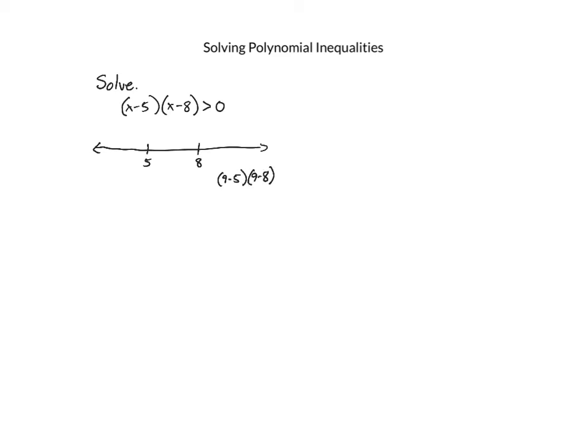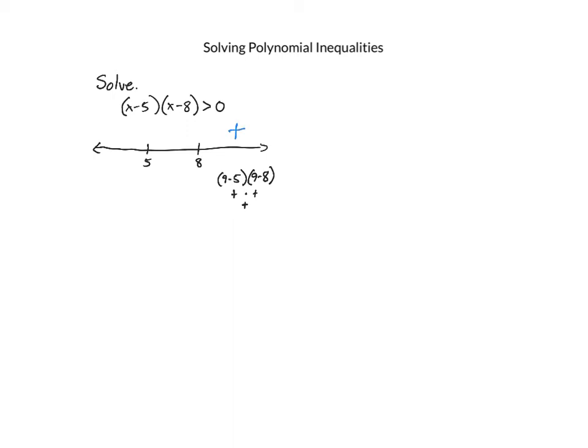And I don't really even care what the value is. I see that it's 4, but it's a positive 4 times a positive 1. And the result of a positive times a positive is a positive. So no matter what number I were to choose to the right of 8, the result would be positive. So I'm going to put a plus right here.